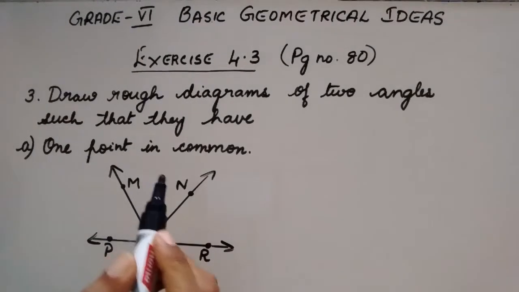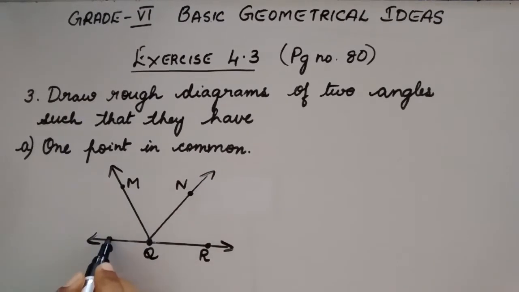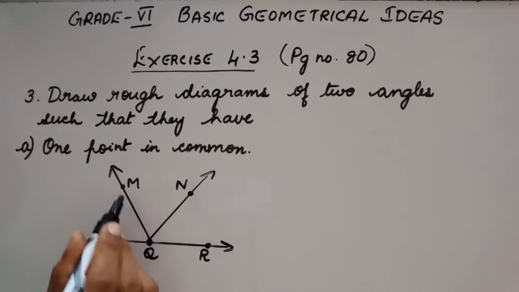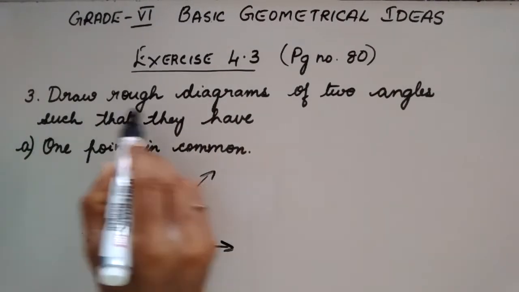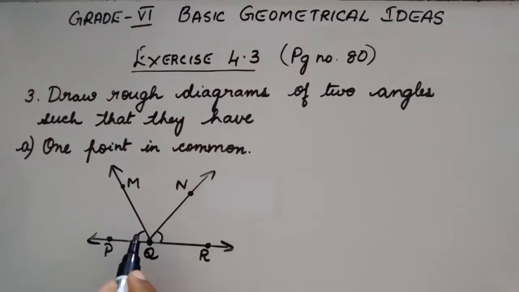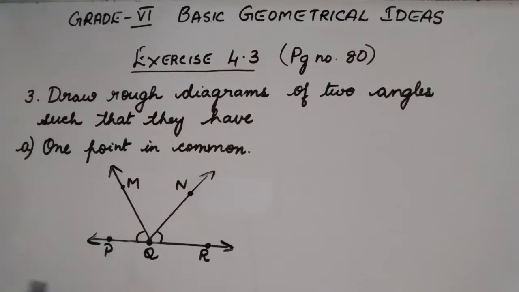Here we have two angles, and the angles are PQM and then RQN. So we have two angles here such that they have one point in common.